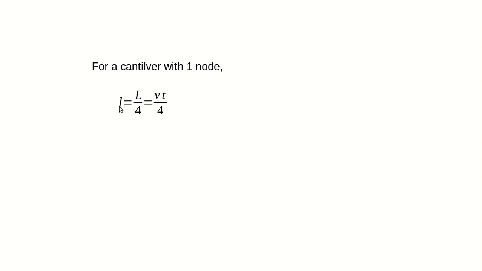For a cantilever, the length is equal to lambda by 4, or I can say that it is vibrating with such a frequency that its wavelength is equal to 4 times its length. Wavelength is nothing but velocity into time, so lambda equals v into t. Similarly, for a cantilever with two nodes, the length is equal to lambda by 2.